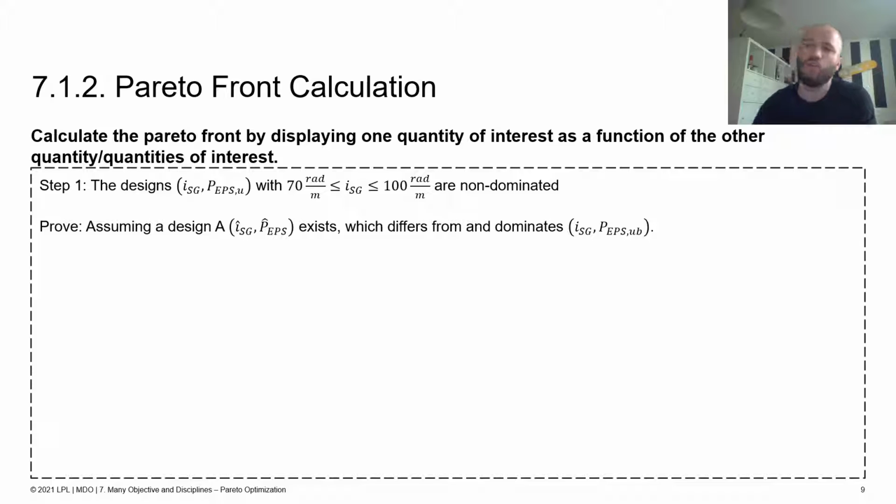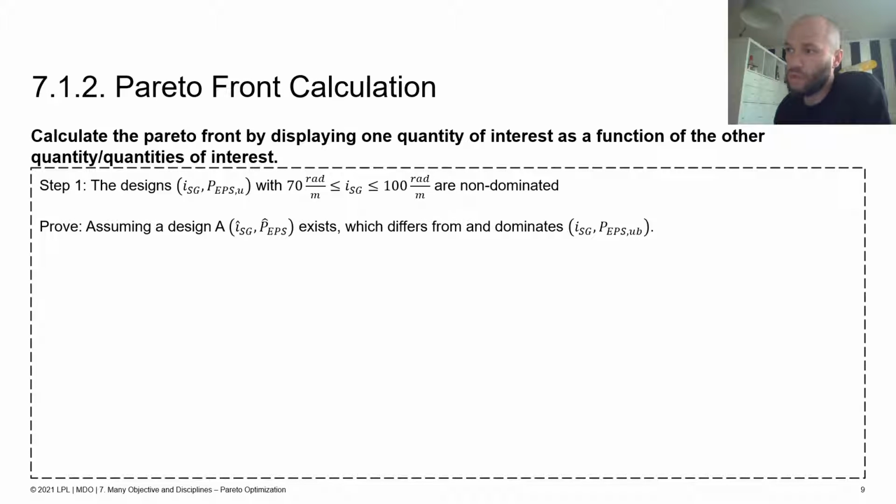So let's start with the first step. Here we want to show that the designs within the bounds are non-dominated. We are assuming that there is a design A with a different gear ratio and a different power that differs from our Pareto front definition, but is dominating it. And we want to show that this is not possible.